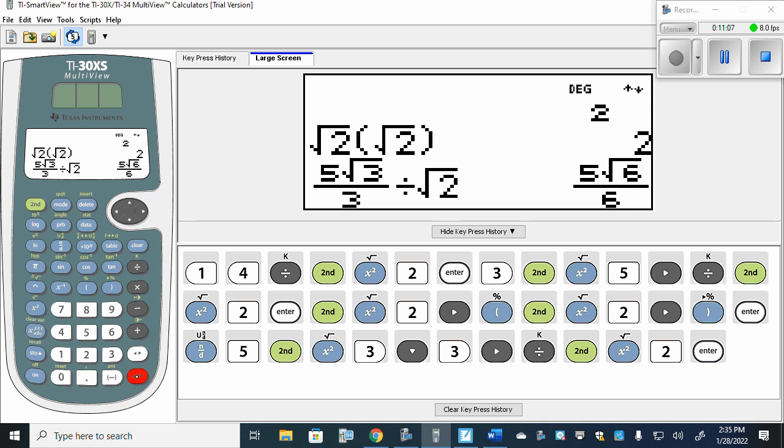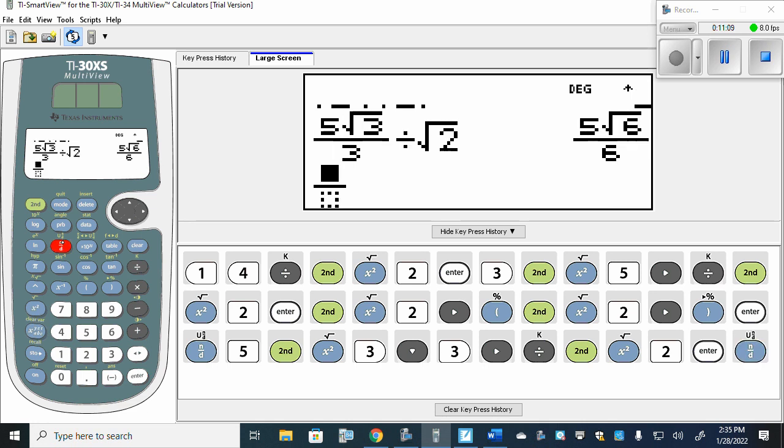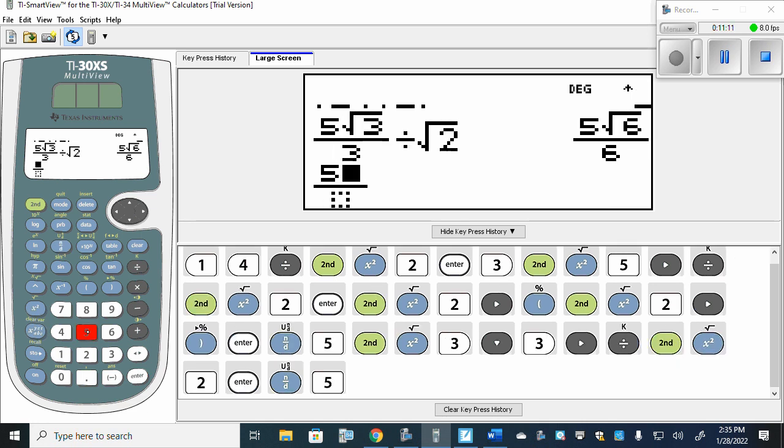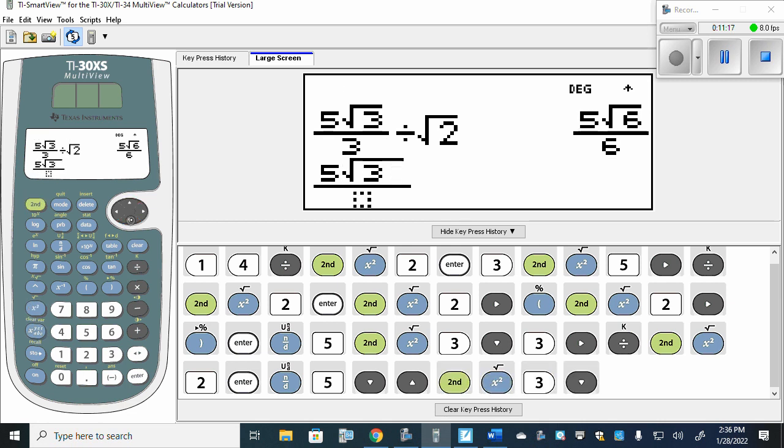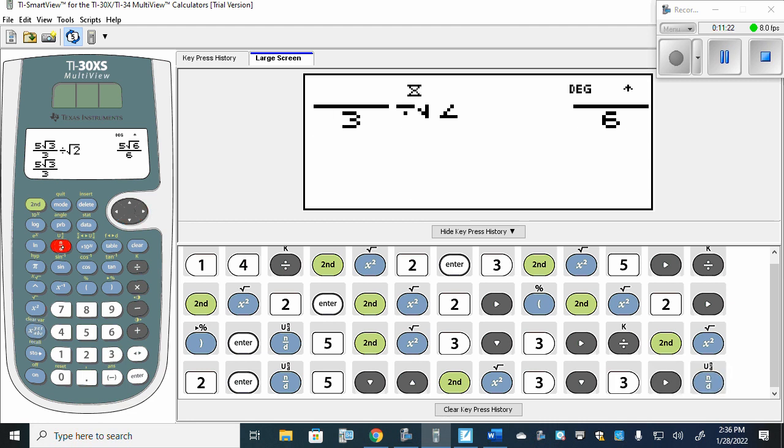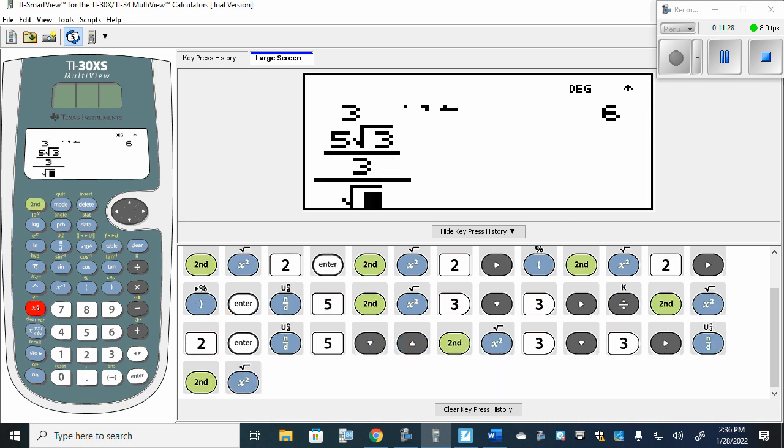Now we could have typed this in as a fractional fraction. So we can say 5 second square root 3 over 3, and put it as the numerator over second square root of 2.